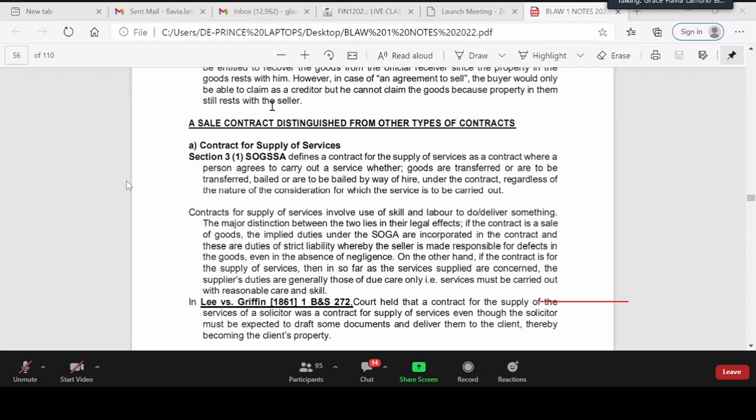The consumer has to pay for this service. So that is a contract for supply of services. You have the supplier who is going to use his skill and knowledge to carry out a service which you want in exchange for a payment.